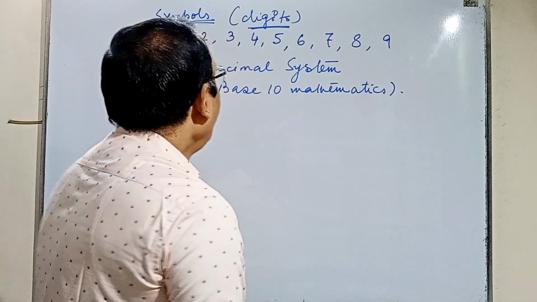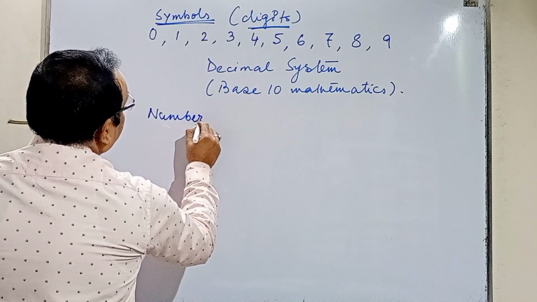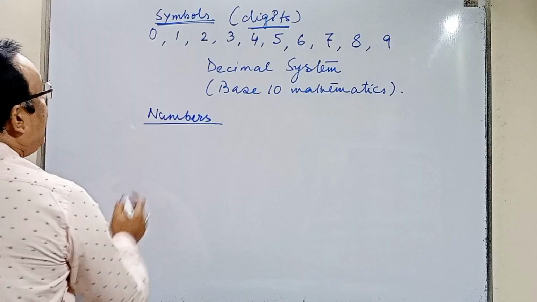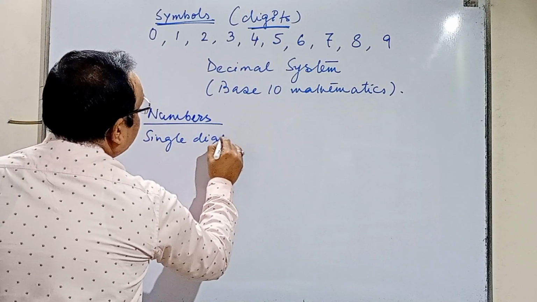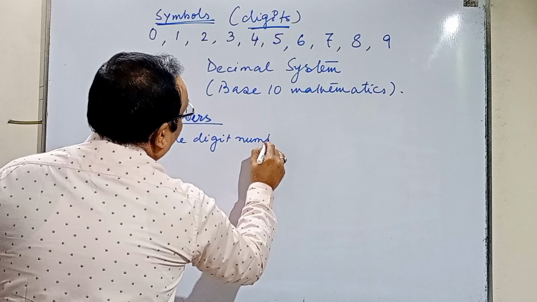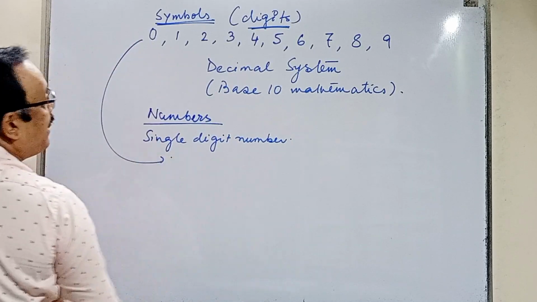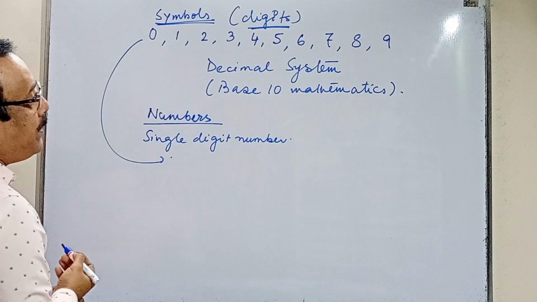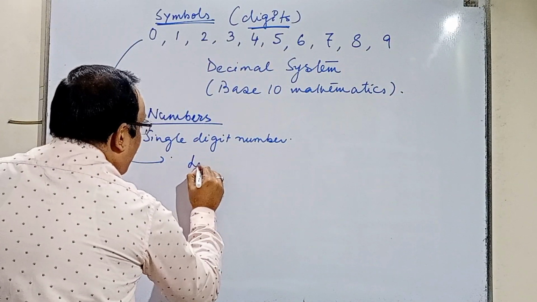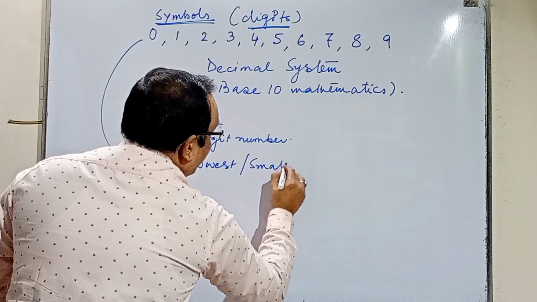Say, if we are forming numbers with a single digit, then they are called single digit numbers. What are single digit numbers? Single digit numbers have got only one digit. That is, these numbers are nothing but single digit numbers: 0, 1, 2, 3, 4, 5, 6, 7, 8, 9. If I am asking, what will be the smallest single digit number?